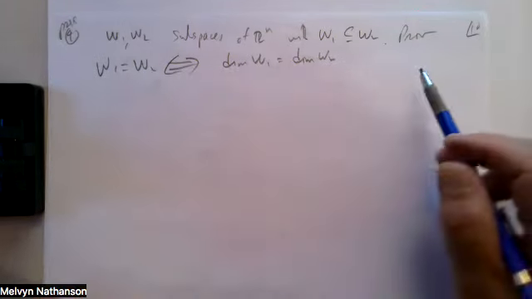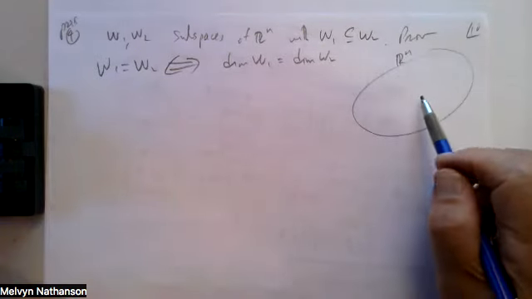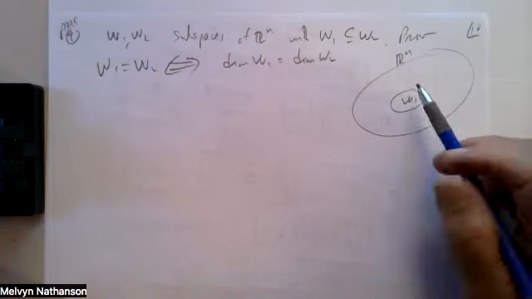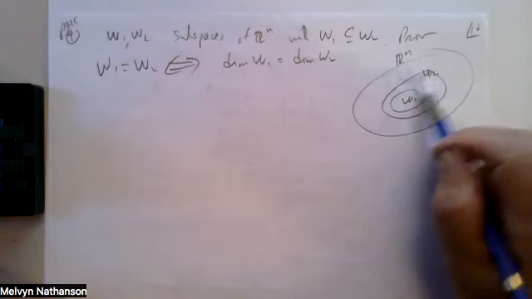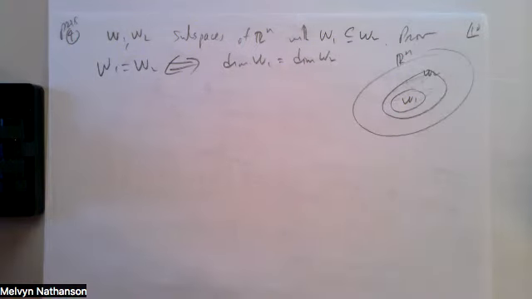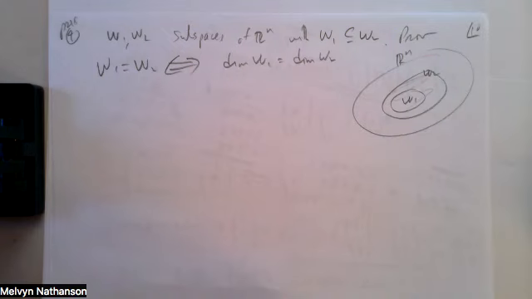So it's sort of like, here's our picture, here's Rn, and sitting in Rn you have W1, and you have a bigger subspace W2 that contains W1. And we want to show they're equal if and only if they have the same dimension.